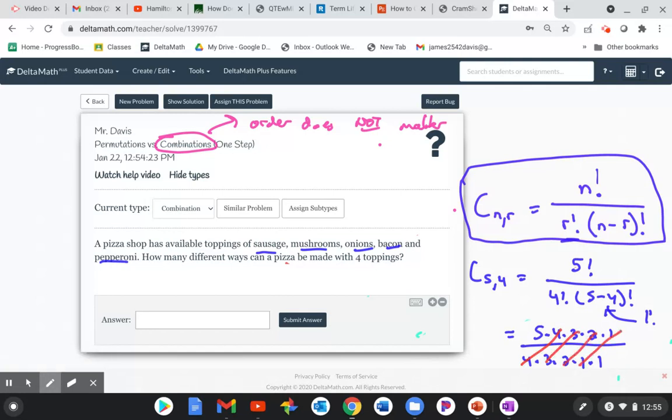So we end up with just 5 over 1, or just 5. So there's only 5 different ways you could do those toppings. We could, again, check it on our calculator. We would just do 5 nCr 4. Go ahead and do that. And we get 5. So that is it.